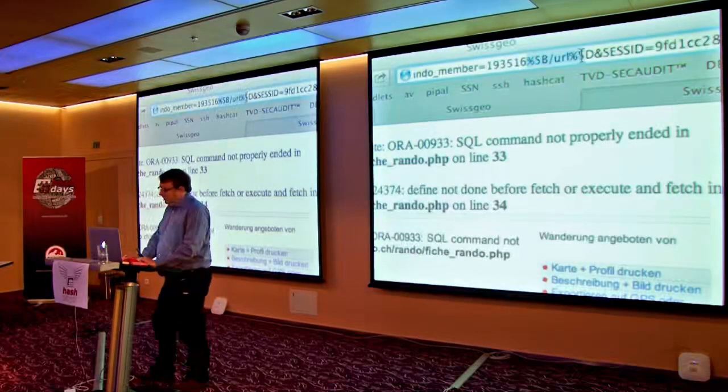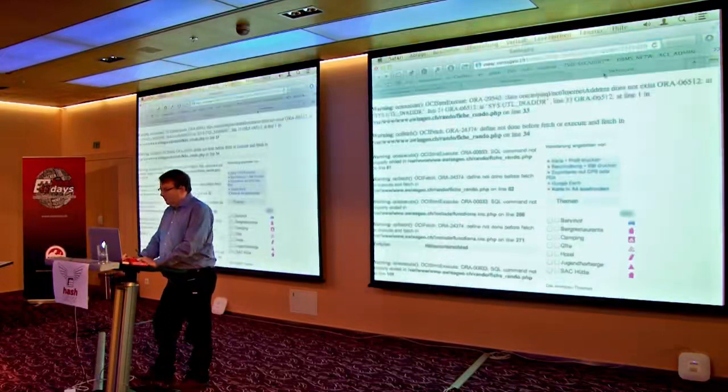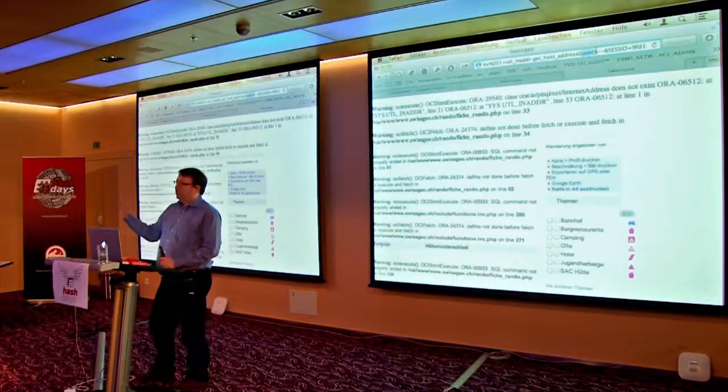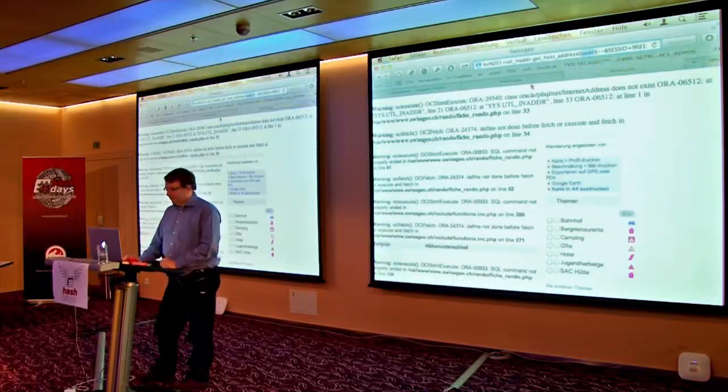I think this is the point where the Google spider was creating this error message. So we replace this strange string with a single quote or 1 equals UTL_INADDR.GET_HOST_ADDRESS, and here you can insert your own SQL statement. With minus minus, we terminate the statement, so everything is running.